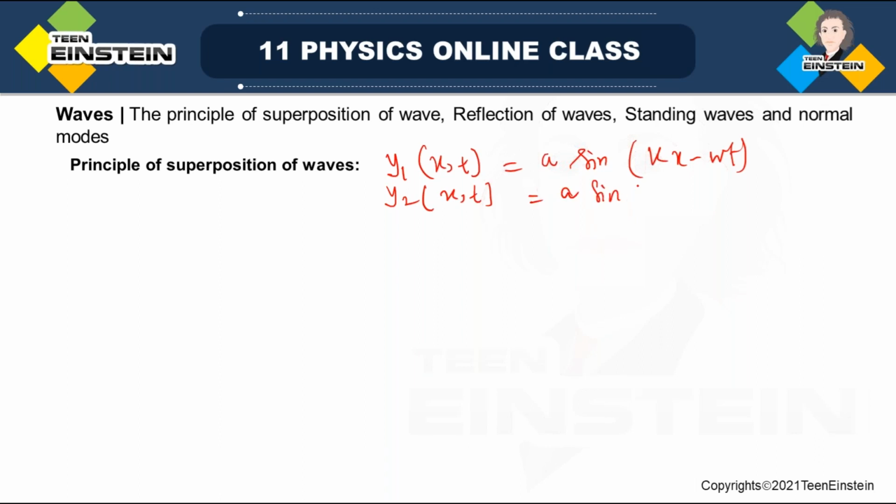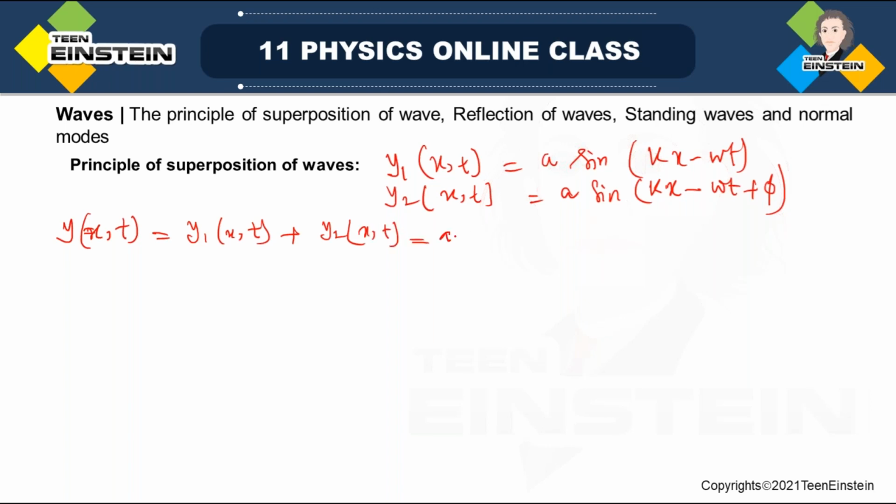I have taken another wave, out of phase by phase angle phi. Okay, the resultant will be y1 of x, t plus y2 of x, t. That means a sine of kx minus omega t plus this.